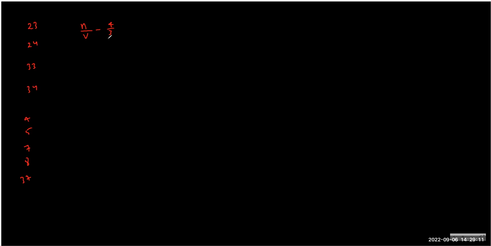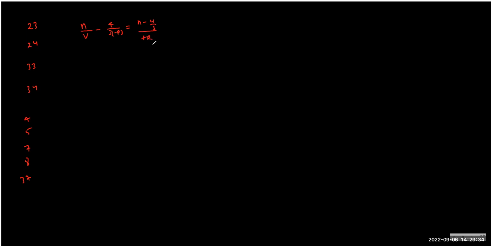I think N1 is 1. Let me see if I can solve. N2 maybe 2. So 4 by 3 minus P, right? And then I'll find out N1 by R is 20, plus R plus 20.